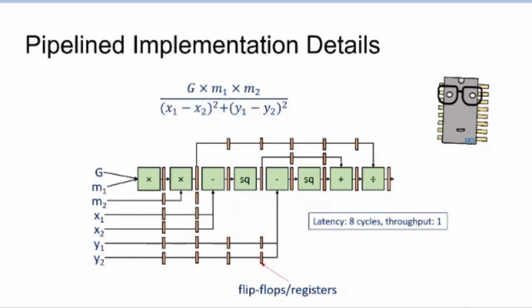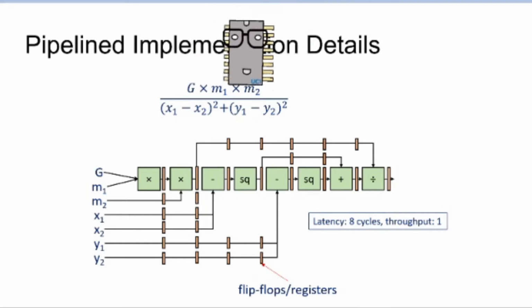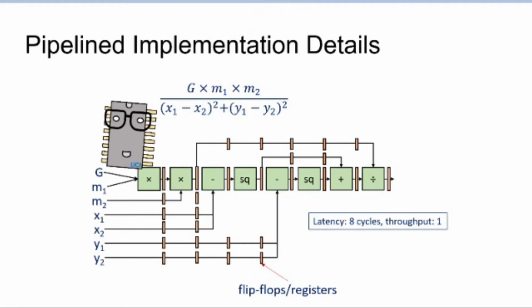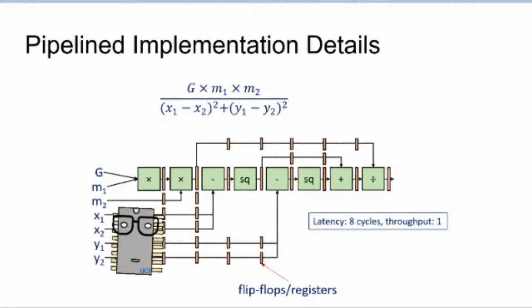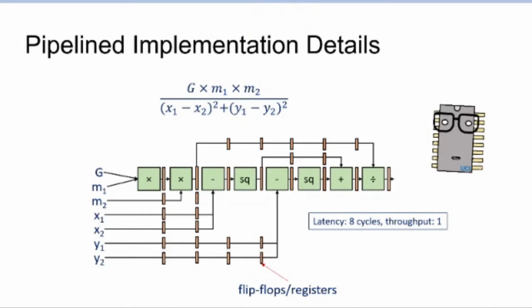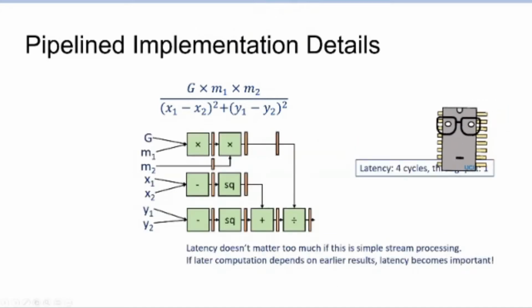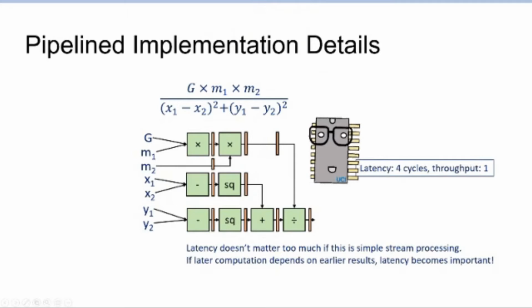But if we reason a little bit deeper about the dependencies between these computations, all of these multiplications on the top can be done completely in parallel with all of these other operations in the bottom of the divisor. They don't necessarily have to wait in a set of pipeline registers. So maybe what we can do is just have them work in parallel.